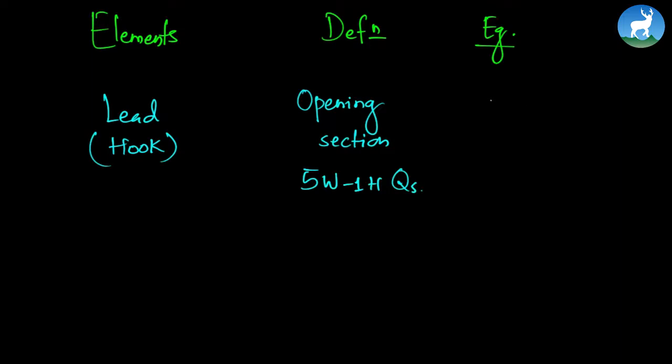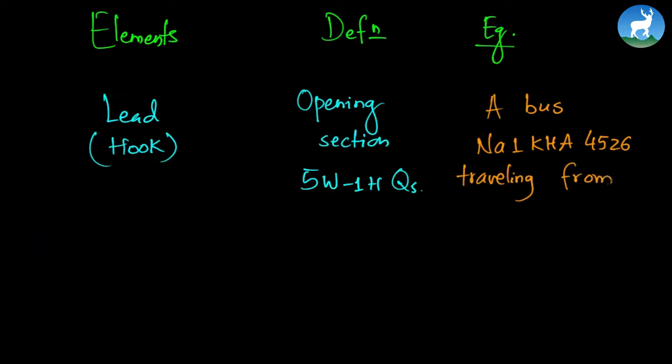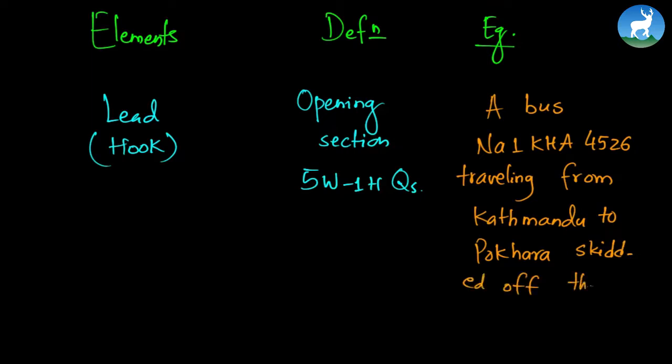So, what is the hook? A hook can be something like this. A bus carrying 4526 traveling from Kathmandu to Pokhara skidded off the road in Mogling.